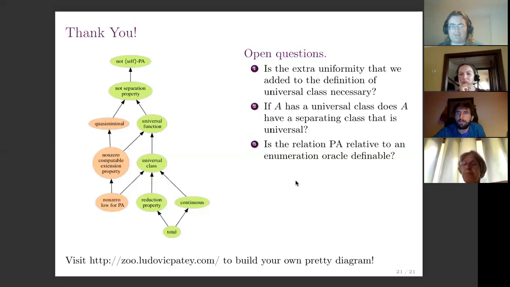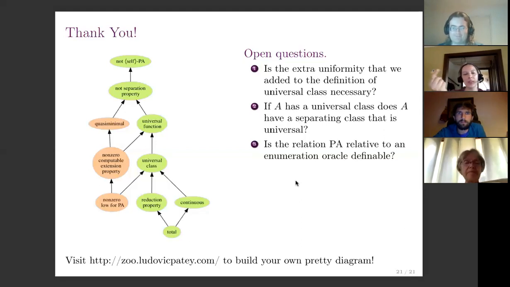That follows from Pliny's O being right. So Pliny's O can't be cototal because its complement is sigma 1 1. And every continuous degree is cototal. So that's one direction.